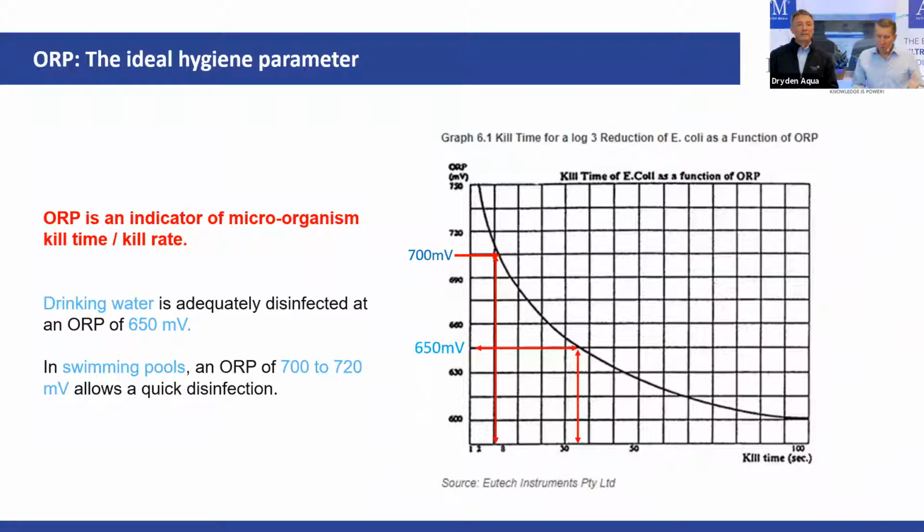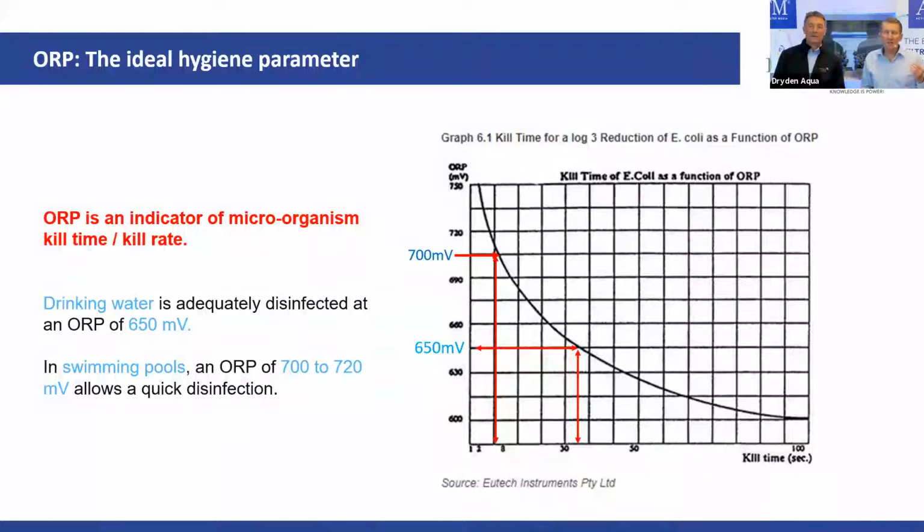Okay. So ORP is an ideal parameter to measure the hygiene in a pool. And let me explain what this means. On the vertical we have the ORP, the oxidation reduction potential in millivolts, and in the horizontal we have the kill time in seconds, and this is based on a log 3 reduction of E. coli.